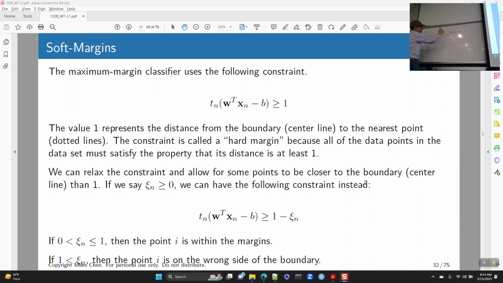And then we're going to say, but you know what, for this point, if we do W transpose Xn minus B, we're going to allow this as long as it's greater than, technically it could even be negative. It could even fall on the wrong side of the boundary, as long as it's greater than 1 minus whatever this xi is. Okay. So as long as it's greater than that, we'll allow it. And so that's going to be our soft margin here.